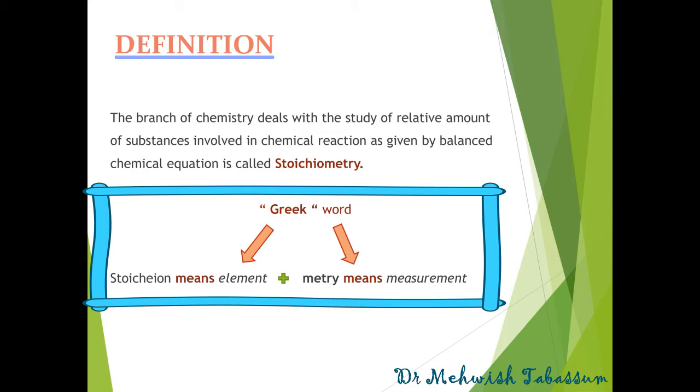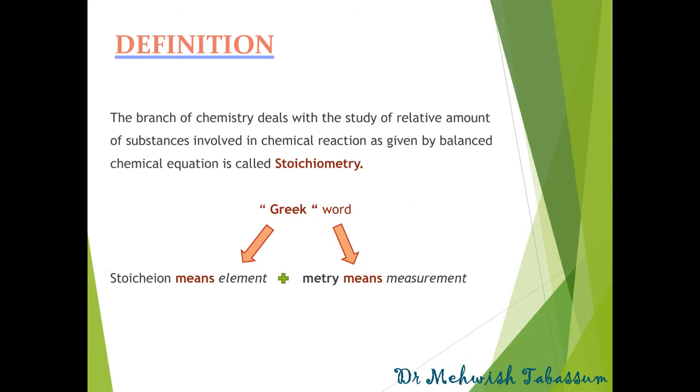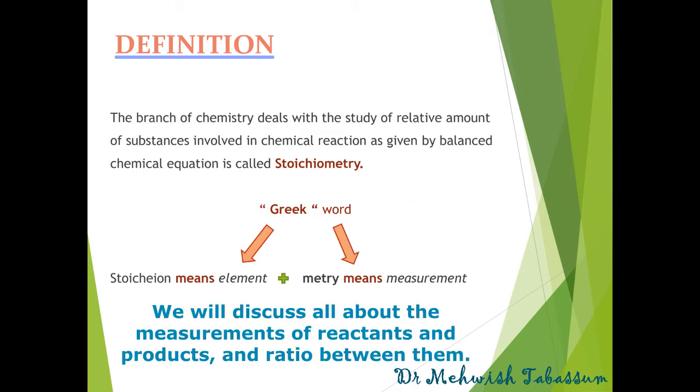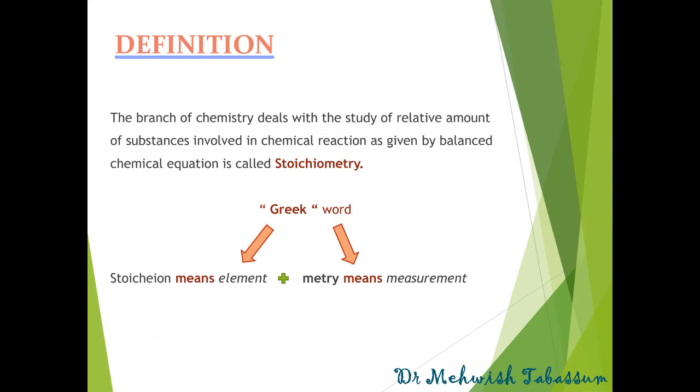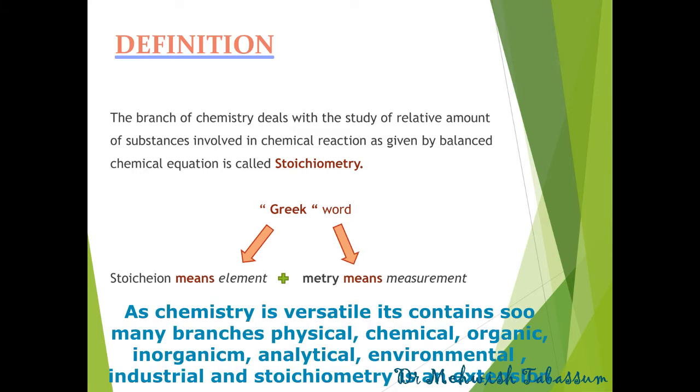Metry, everyone knows, means measurements. So we will study all about chemical measurements, the measurements of reactants and products, the ratio between them. As chemistry is versatile, it consists of so many branches: physical, organic, inorganic, analytical, environmental, industrial chemistry. So stoichiometry is actually another extension of chemistry.